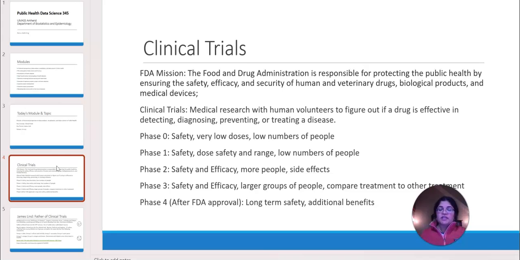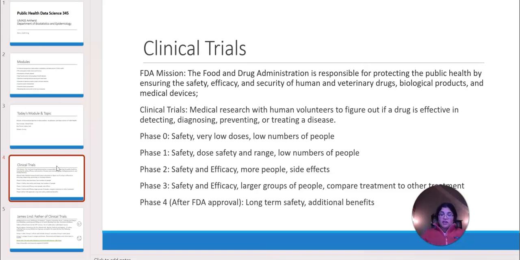Phase 2 then goes into safety and efficacy. So lots more people, and trying to find out, is the drug providing a benefit? And we also look at the side effects that people experience.